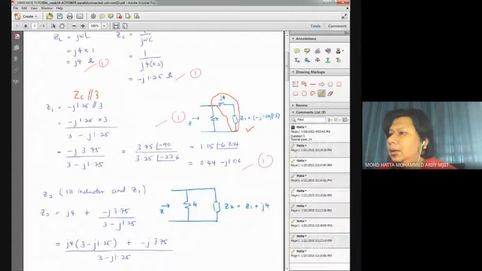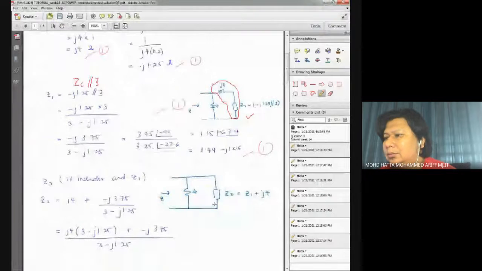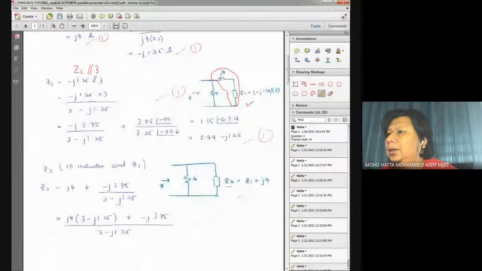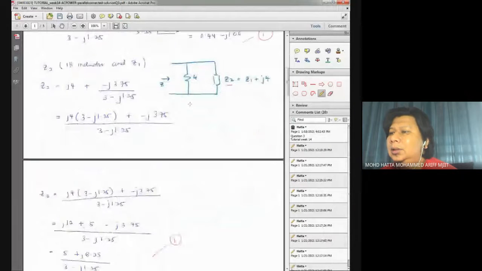When you finish with the series connection of Z1 and j4, you can label it as Z2 or whatever you like. Finally, you can get the total impedance by combining these two parallel connected elements.